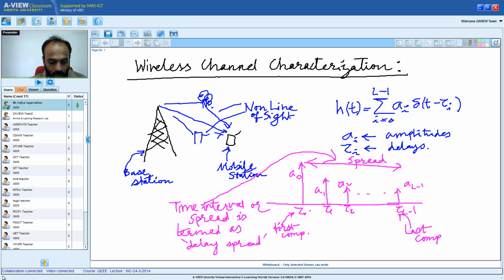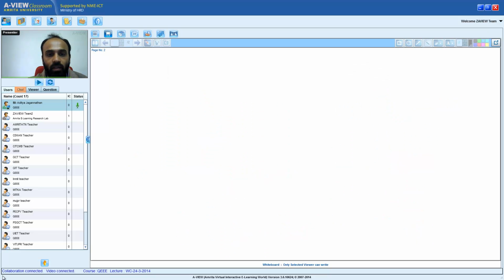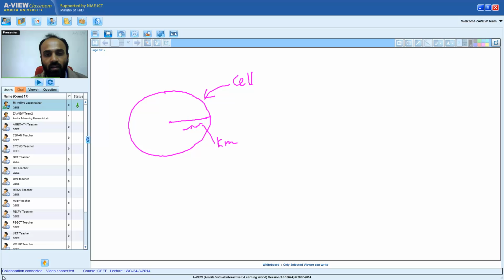Also, I don't know how many people remember from last lecture, we said this is the logic that we use in a typical outdoor channel. If I look at a typical outdoor channel, the cell radius of cellular systems is approximately of the order of kilometers, right? Therefore, let's say this is a direct path of some kilometers and this is an indirect path of some kilometers.